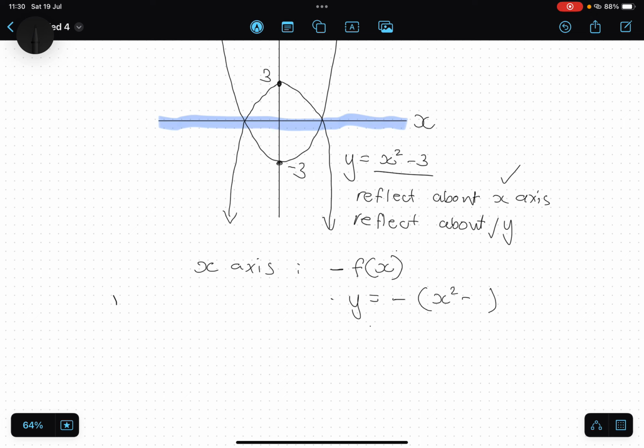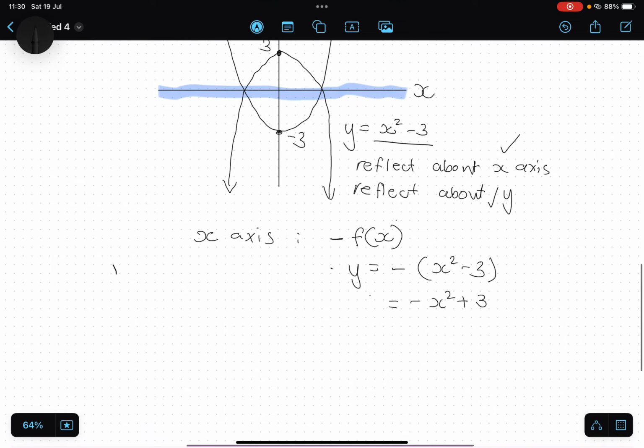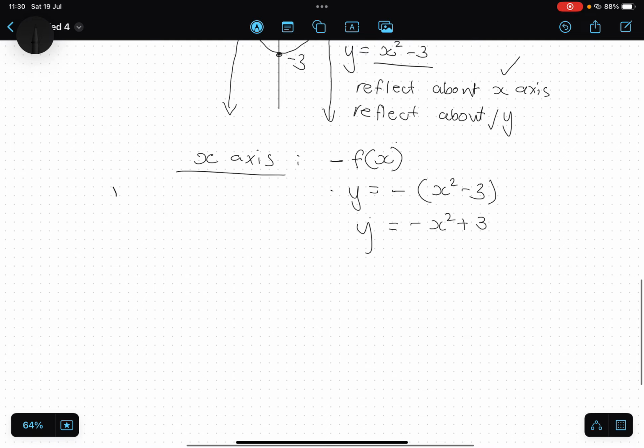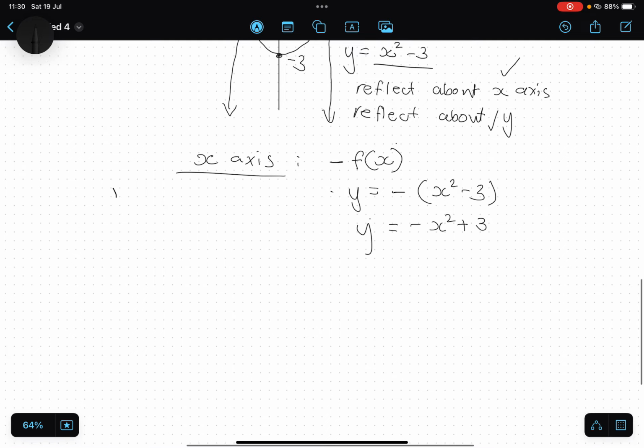So keep it in a bracket so that it affects everything. And it becomes minus (x squared minus 3). Okay, and that would be your new equation. So basically, when you have a reflection about the x, you need to make sure that it affects your entire expression. Okay, let's look at when it is reflected about the y-axis.